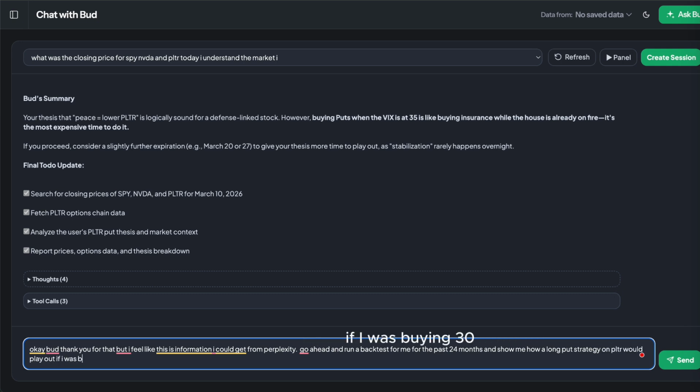If I was buying 30 days to expiry puts every 30 days, about $10 out of the money. Please run a comprehensive back test.